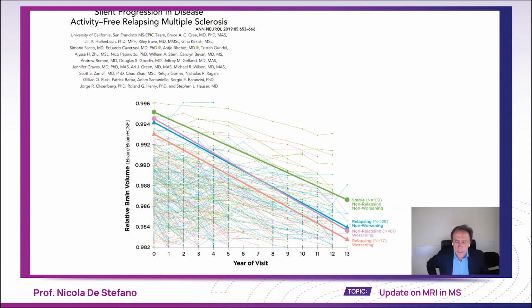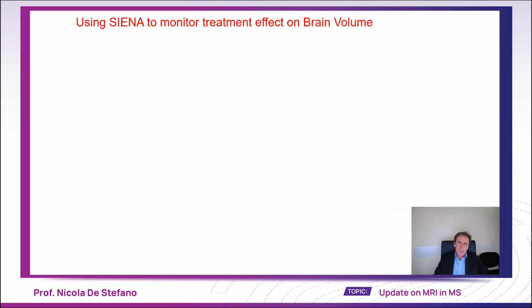So it's something which seems to occur independently of lesions to some extent, and independently of very evident inflammation, probably also related to that smoldering inflammation that we discussed a few minutes ago.